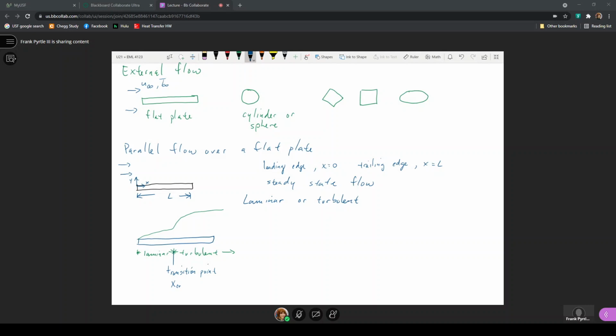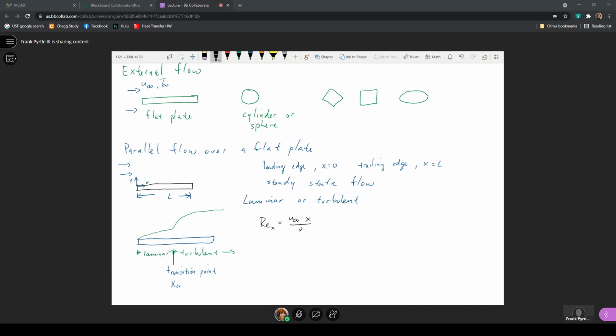So we use the definition of the Reynolds number, and here I'm going to put a subscript X to indicate that it's a function of X, is equal to the free stream velocity U infinity times the X position divided by the kinematic viscosity.